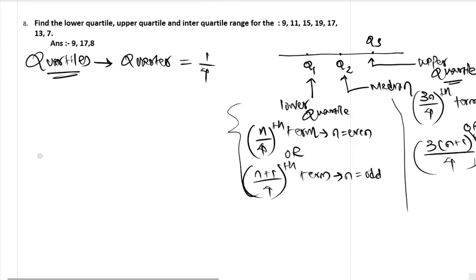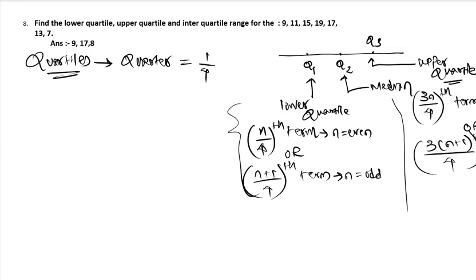So quartile means 1/4 of a part. When the given set is divided in 4 equal parts, there are 3 points which divide the given set in 4 equal parts, Q1, Q2, Q3. Q1 is lower quartile, Q2 is your median which you just found, and Q3 is your upper quartile. Here we are going to deal with Q1 and Q3.